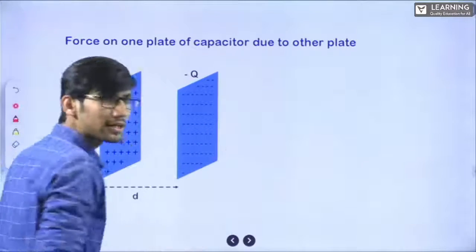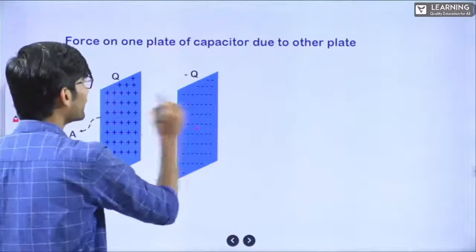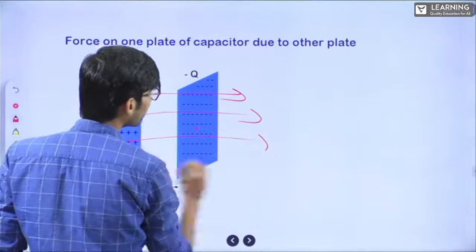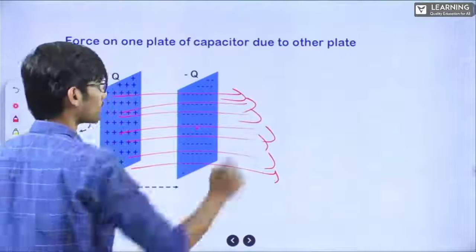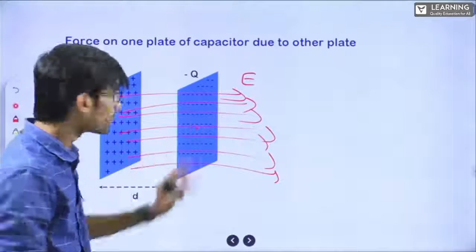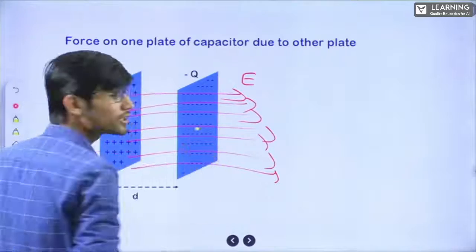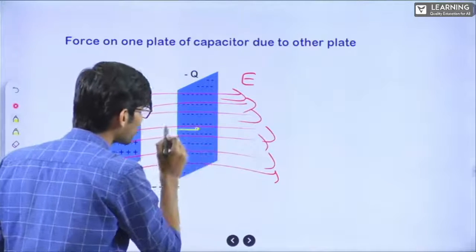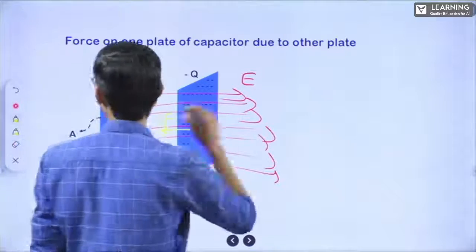On this plate, let's take any one point. See, electric field is uniform, so each and every point will experience the same force. This is electric field. Now I am taking any point. If I take any point here, the force experienced at this particular point, let's say F. What is F?